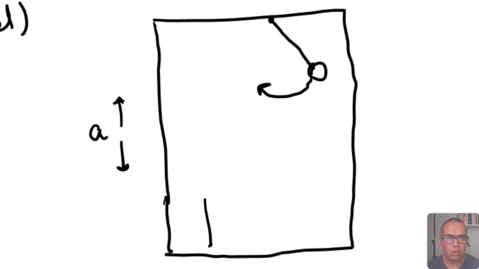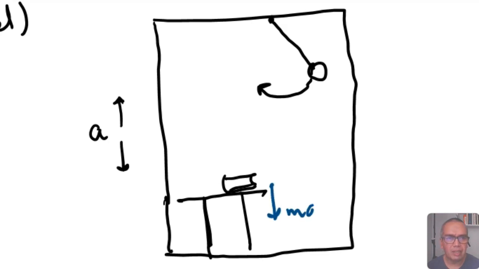Now, if you consider, for example, some other objects here, like imagine there's a table, and on that table there is a book. What would be the forces acting on that book? Well, obviously, what you will have as forces are the gravitational force, m times g, and the normal force, which gives you the apparent weight.